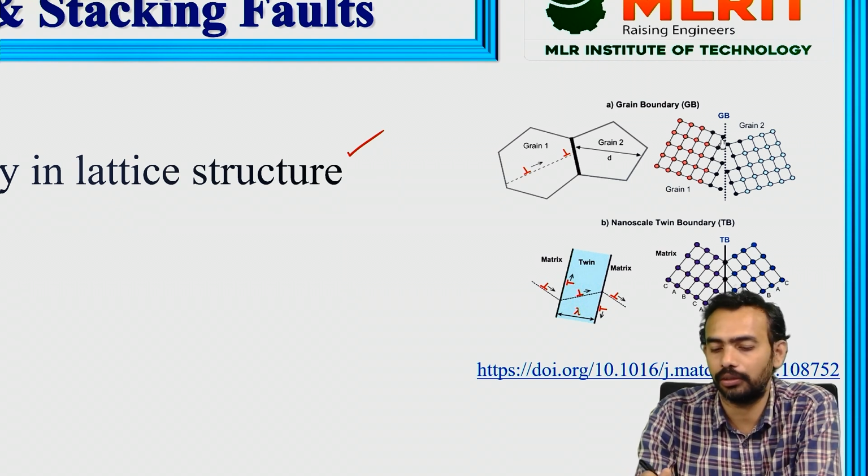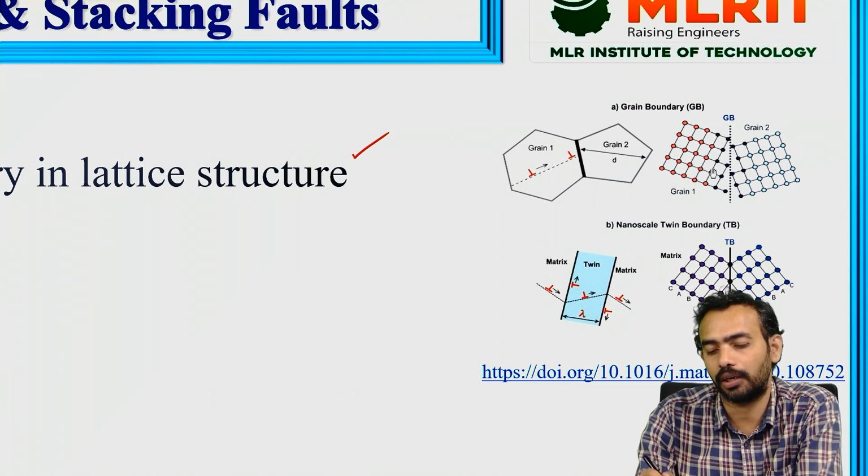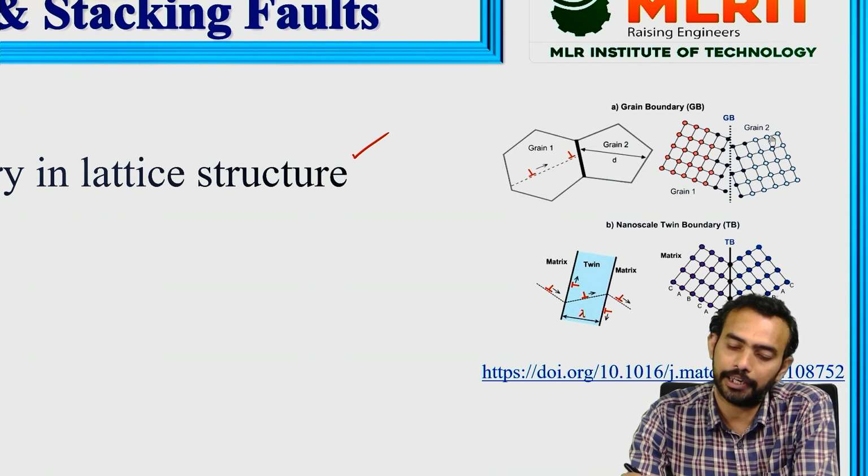If we present it in terms of atoms, you have the regular atomic arrangement, where grain 1 has this particular inclination and atoms are aligned to that inclination. All atoms follow the regular arrangement. Similarly in grain 2, you can observe the inclination in this direction, and along this direction all the atoms are aligned.